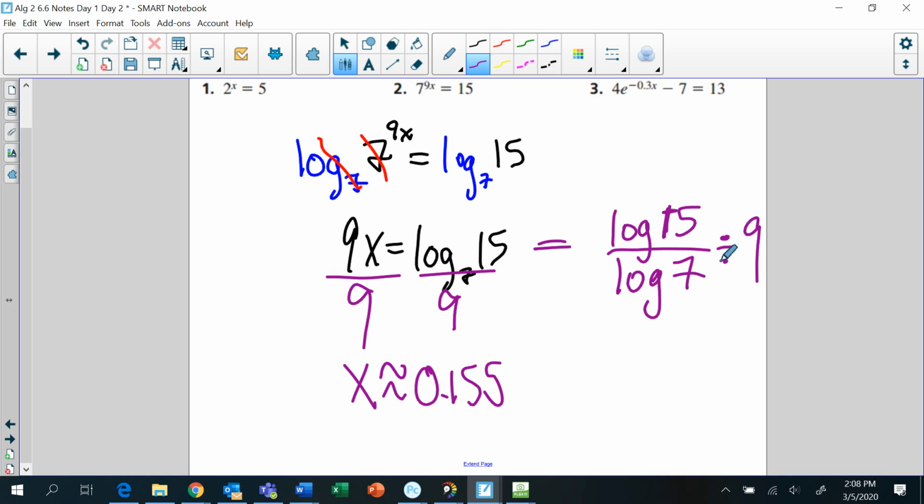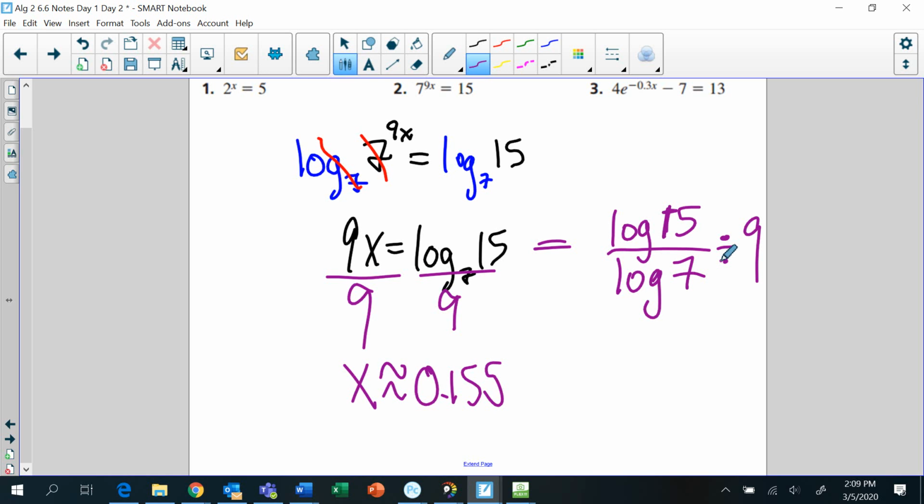So we're after that 15. Well, I got 0.154. I just noticed what she did on the end of that, but I didn't do that when I was typing in my calculator.